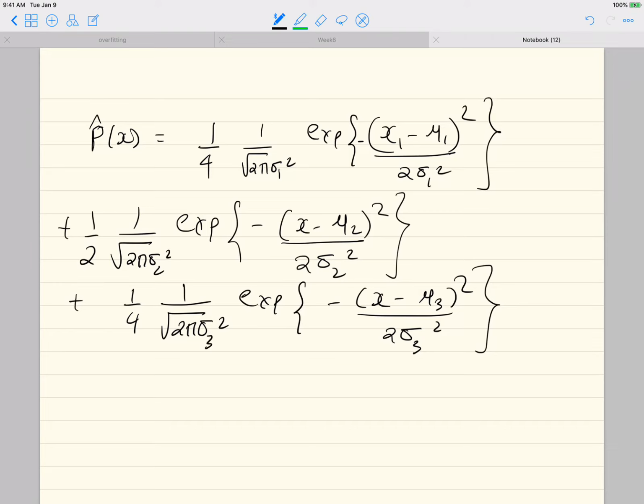We are taking a weighted sum of three Gaussian density functions.